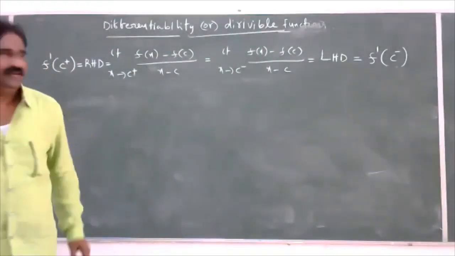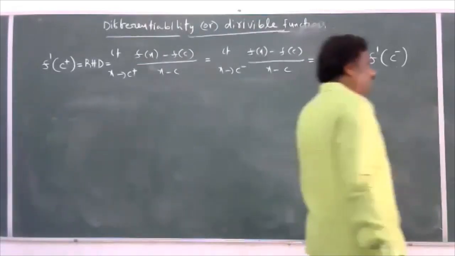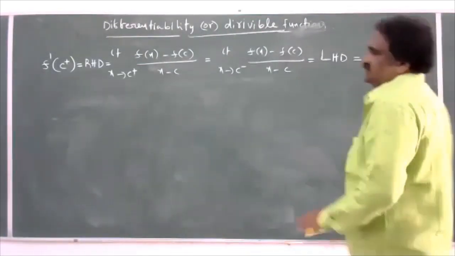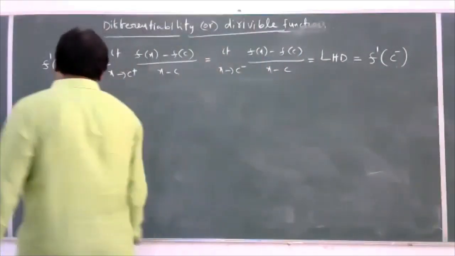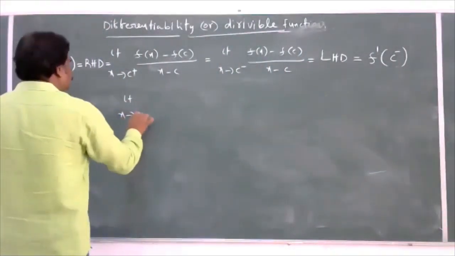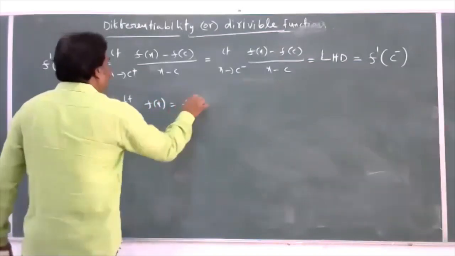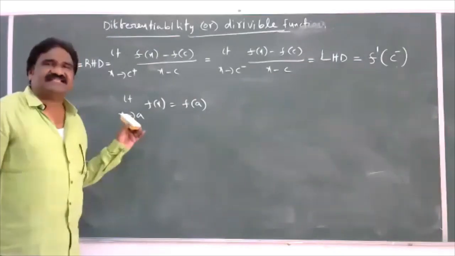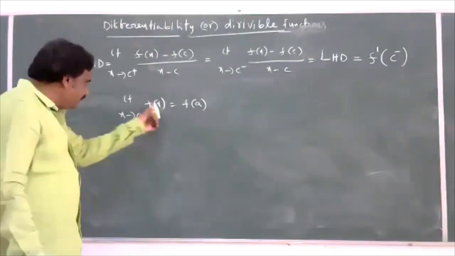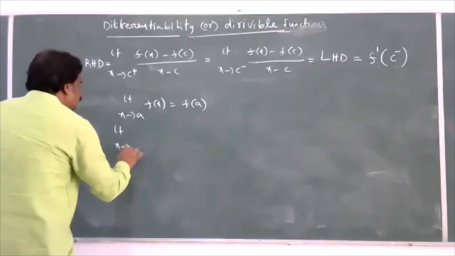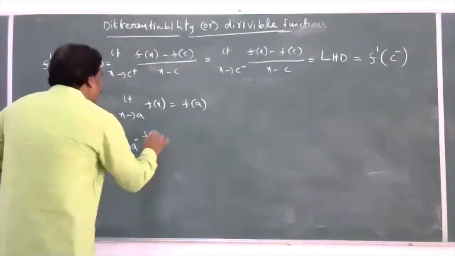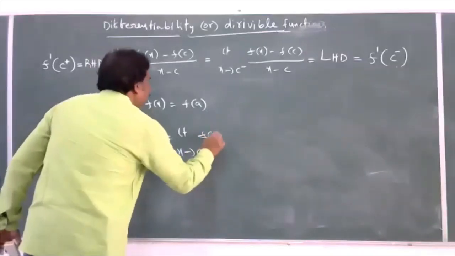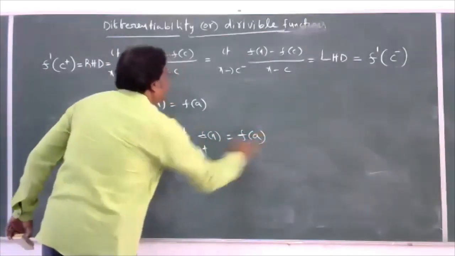Here, there is a relation between continuity and differentiability. Already you know what is meant by continuity. That is, if the limit as x tends to a of f of x is equal to f of a, then f of x is continuous at x is equal to a. What is the meaning of this? The limit as x tends to a minus of f of x is equal to the limit as x tends to a plus of f of x is equal to f of a.